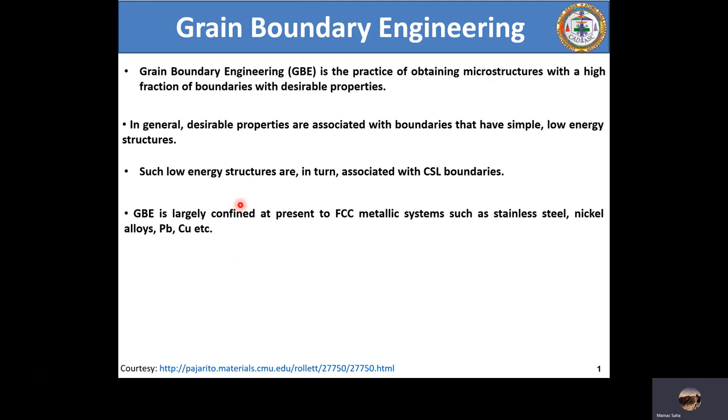So these are the factors in FCC metallic systems where we definitely see a huge chance of twinning, and as a result grain boundary engineering is largely concentrated at present in those metallic materials. Of course, aluminum again has an FCC structure.